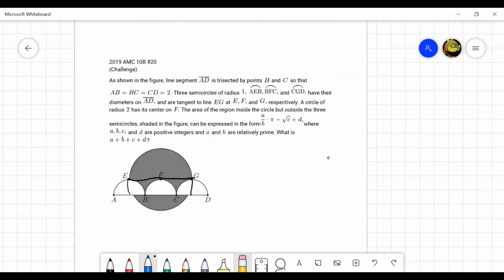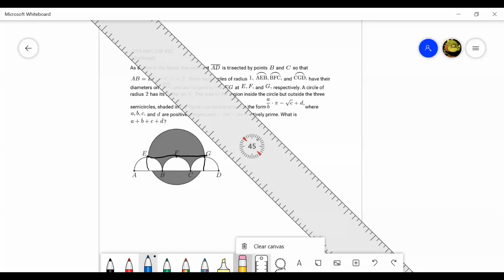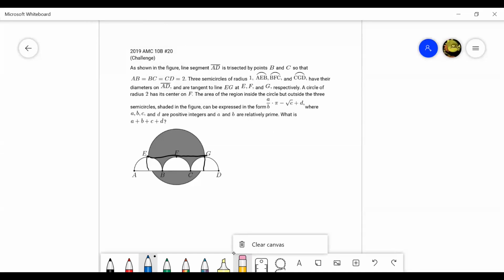And lastly, I do want to touch upon this. Each problem set is going to have what I call a challenge problem, which is a problem that I think is relatively more difficult compared to the other problems. And it's always going to be pertaining to that topic. This one is going to be 2019 AMC 10B number 20. And here it is.